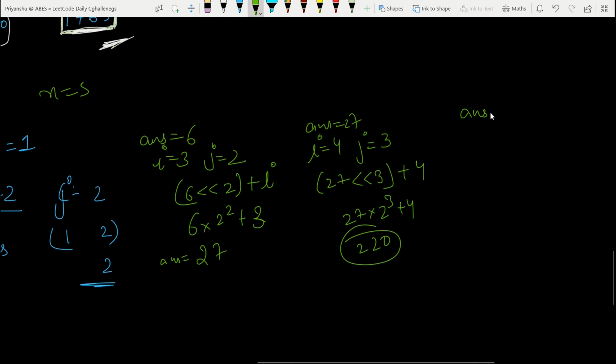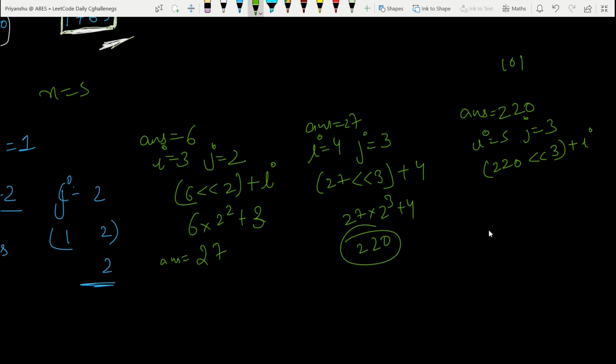For the next one, the answer would be 220, i would be 5, j would be 3. The binary representation of 5 has 3 digits, so 220 will be shifted by 3 bits, and we'll add i to it. So 220 into 2 to the power 3 plus 5 will give us 1765.